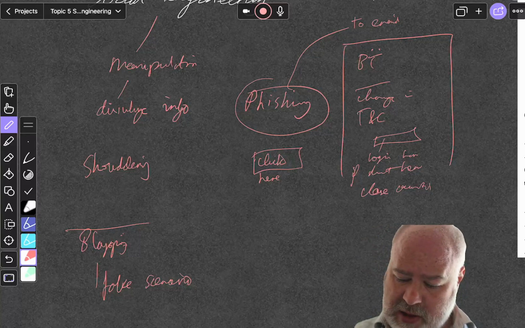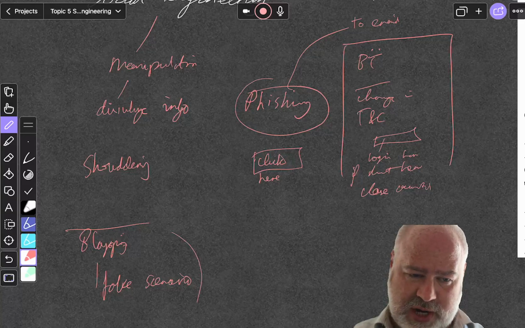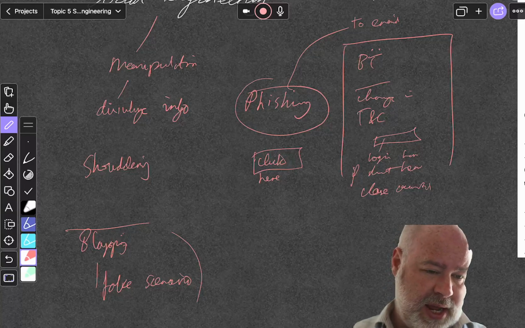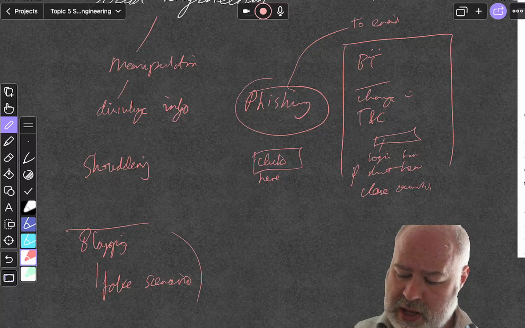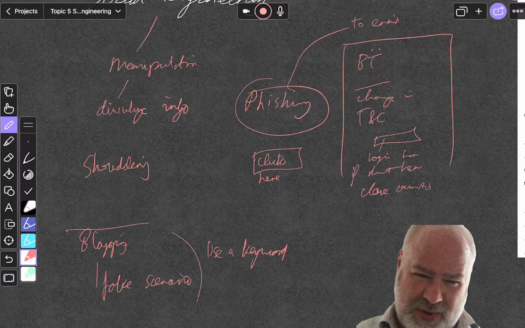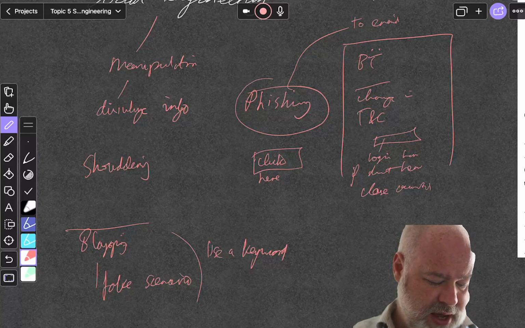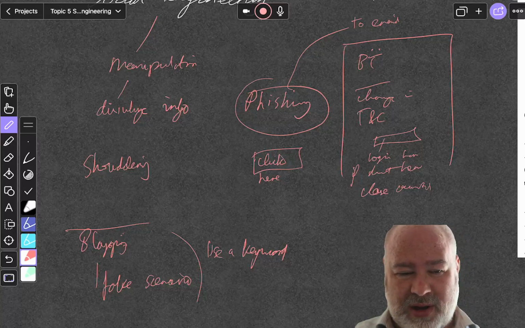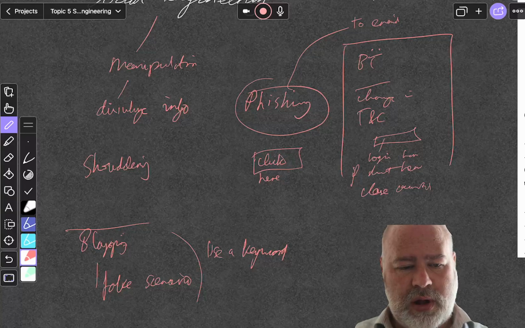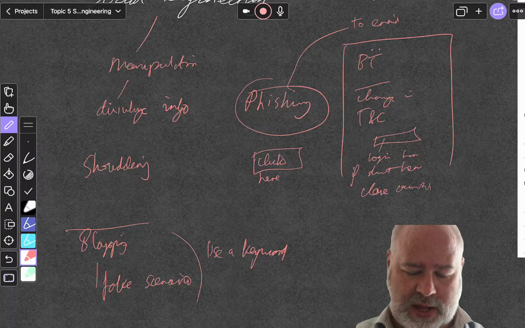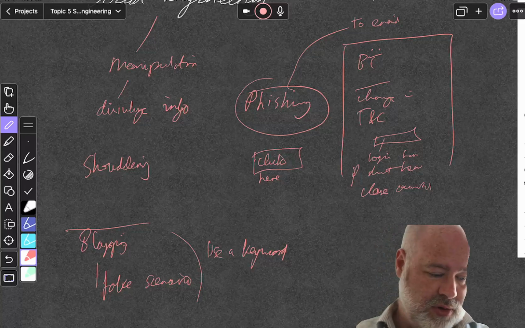To avoid getting tricked into these fake scenarios, I would say have a keyword, like a pet name from when you were a kid. Use a keyword. Now this is probably not going to be in your GCSE, but just be careful. You wouldn't necessarily divulge information unless you thought the scenario was real, like it's your dad or your mum or your grandparents, or it's a son or a daughter ringing up.